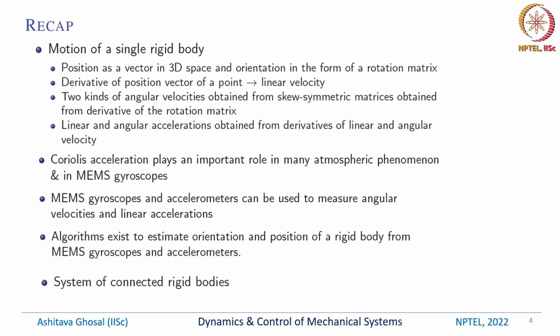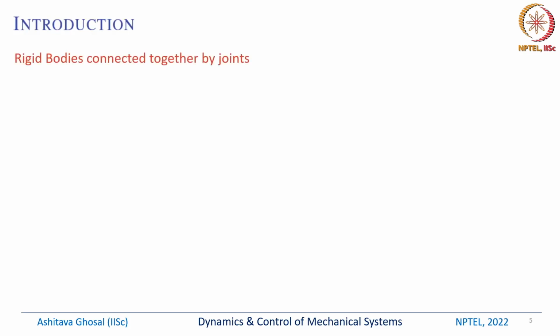This week we will look at a system of connected rigid bodies. So let us look at a system of rigid bodies connected together by joints. A system of rigid bodies like this is sometimes called a serial chain.